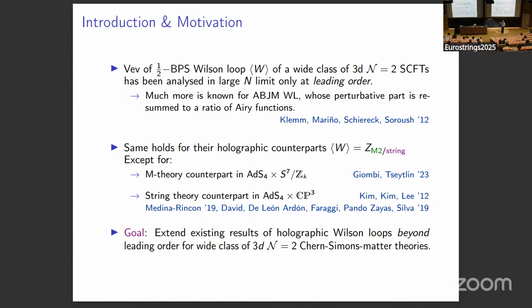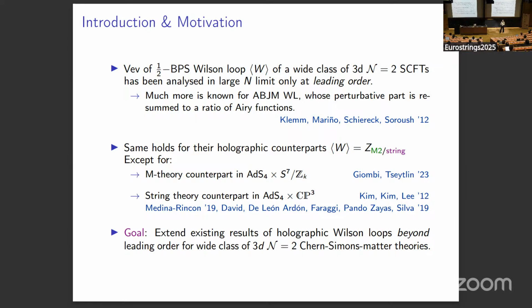In fact, in this nice paper here, which is actually a big motivation for the work behind this, they found the one loop partition function of the M2 brane, which also contains essentially the correction coming from the string, because you just have to do an appropriate expansion in 1/k. But the state of the art is currently that for a wider class of these 3D Chern-Simons matter theories, not much is known more than the leading order terms.